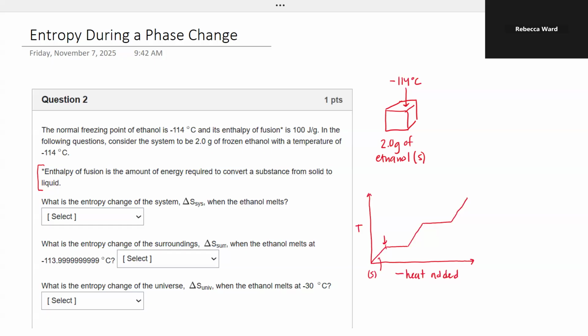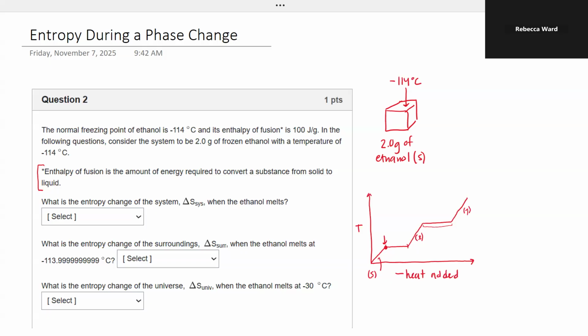And so all of the energy added, all of the heat added, is used to break up the interactions between the ethanol molecules in that solid phase and to get it into the liquid phase. And then this curve, this is the liquid. We're heating that up. Here is boiling. And again, we're not increasing the temperature of the system. We are just pulling those particles into the gas phase. And then here we're heating up the gas. Okay, so the question has us right here.